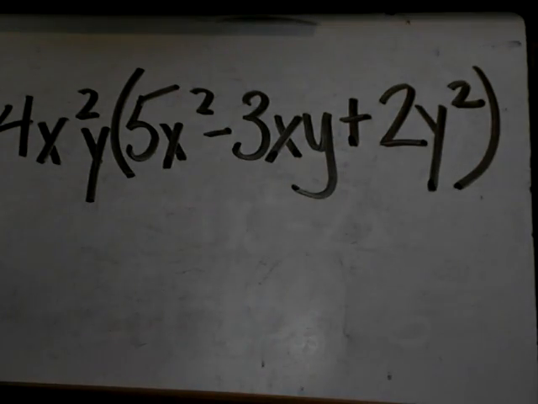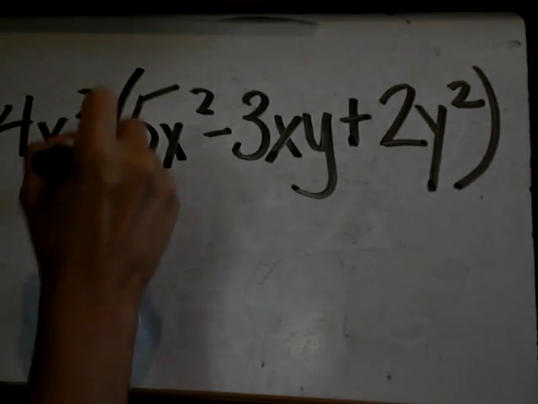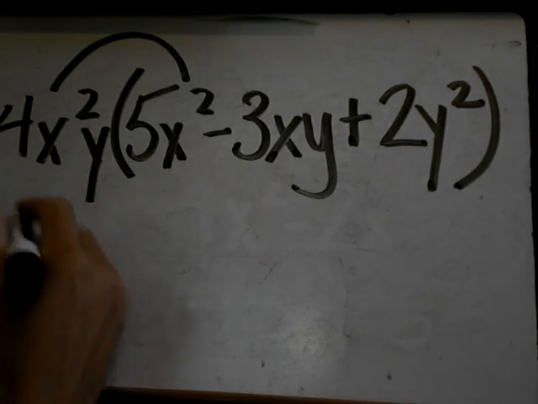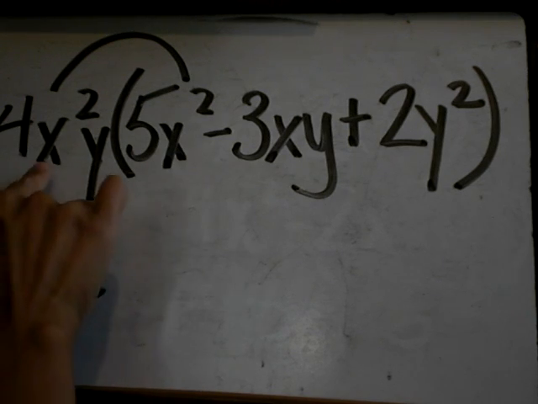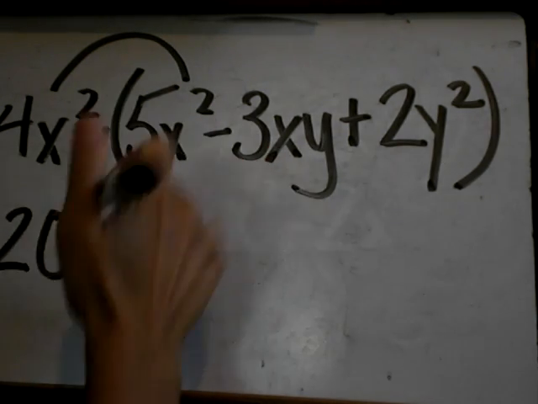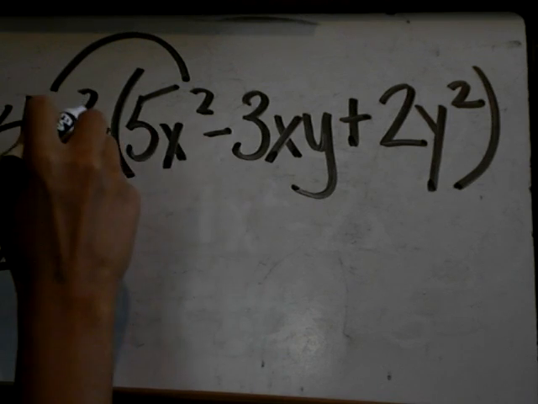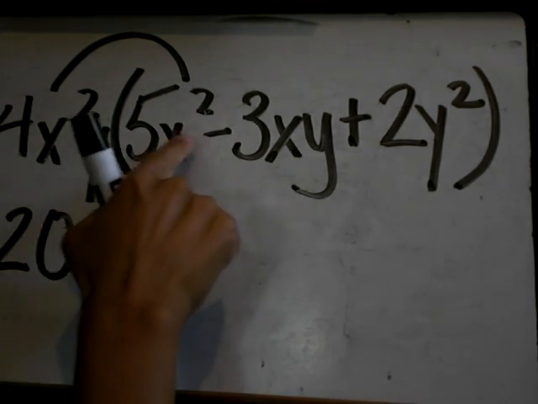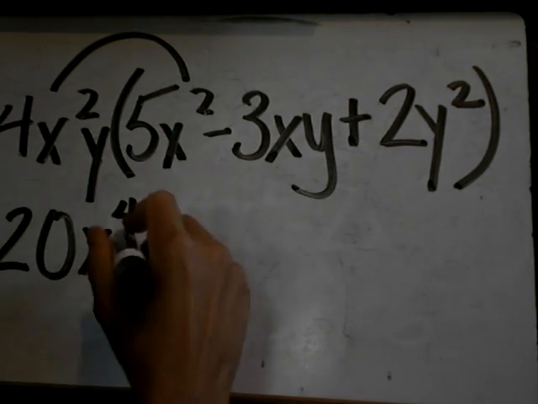This may look intimidating, but it's not that difficult. Let's distribute this. Here we go. 4 times 5 is 20. x to the second times x to the second: remember, add these together, x to the fourth. Then y, and there isn't a y here, so we're just going to bring that down.